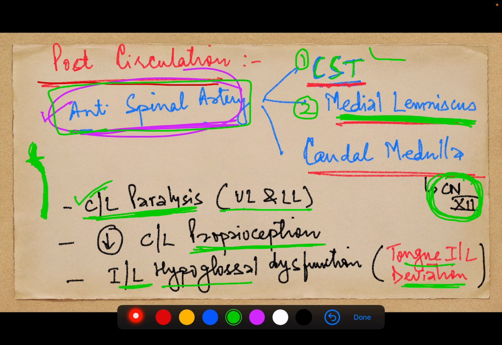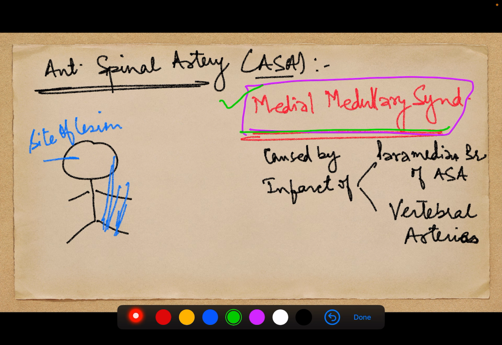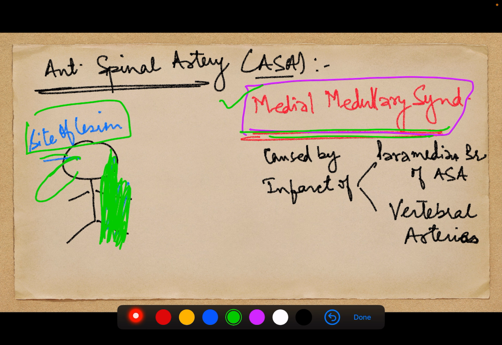Contralateral half of the body getting paralyzed, contralateral dorsal column sensation lost, proprioception, joint position, and vibration sensation lost, and ipsilaterally, the tongue will be deviated toward this side, paralysis as well as loss of position sense, joint position sense and vibration, and the tongue is getting deviated toward the side of the site of the lesion. That is medial medullary syndrome. It is caused by infarct of paramedian branches of the anterior spinal artery. Some of the cases might involve the vertebral artery.